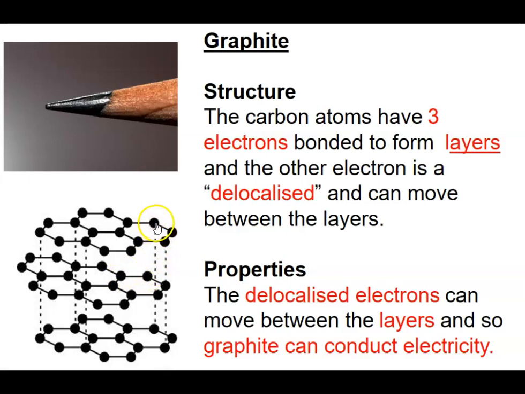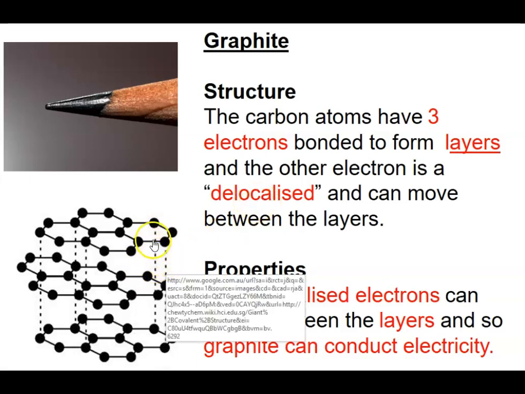So the electron that would be shared with this carbon atom's electron to make a bond is not being shared. This electron and the electron from here are free to move, so they're not fixed in a bond. Like in metals, electrons that are free to move are called delocalized electrons.